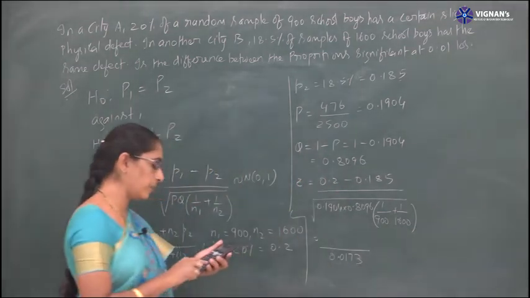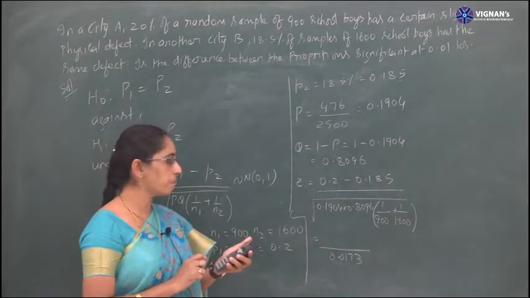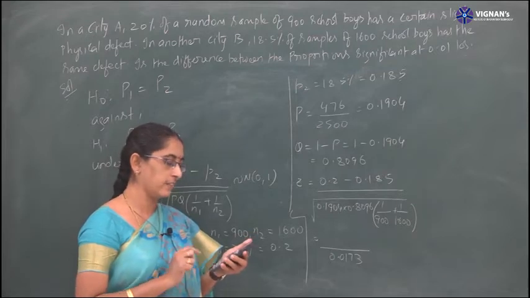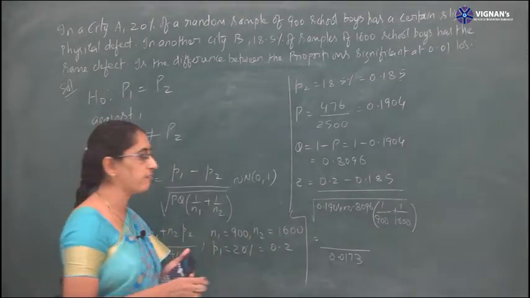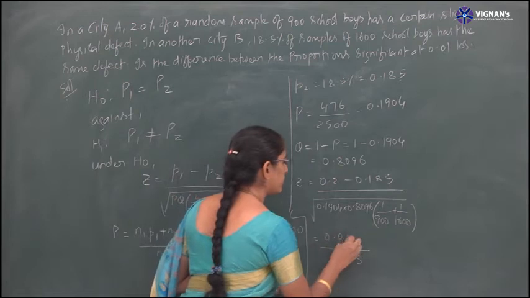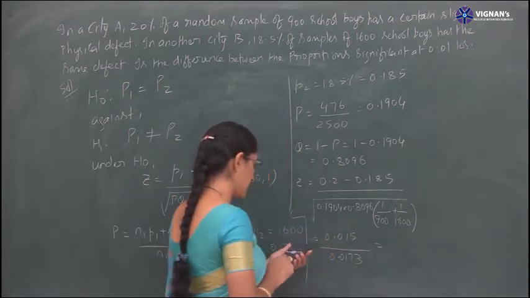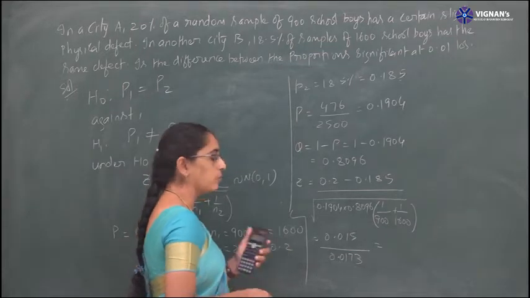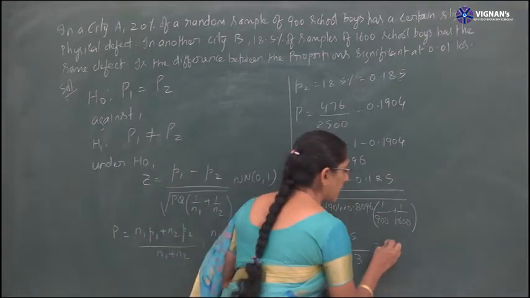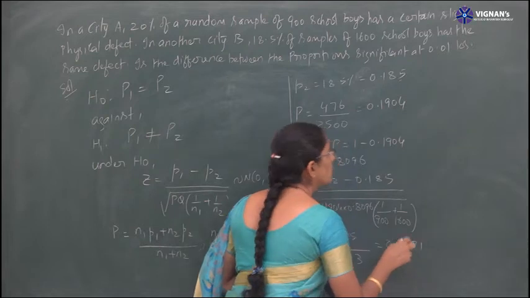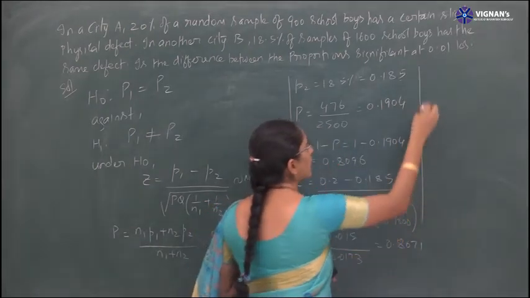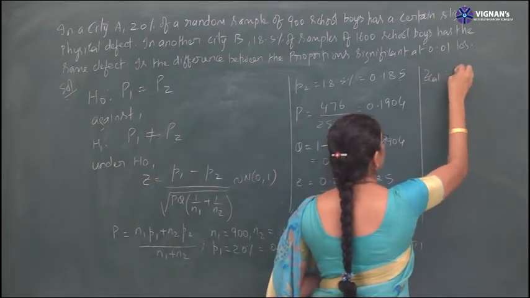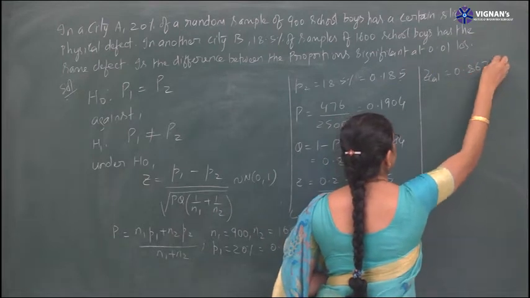Now coming to the numerator, 0.2 minus 0.185 is 0.015. So finally the calculated value of Z is equal to 0.8671.